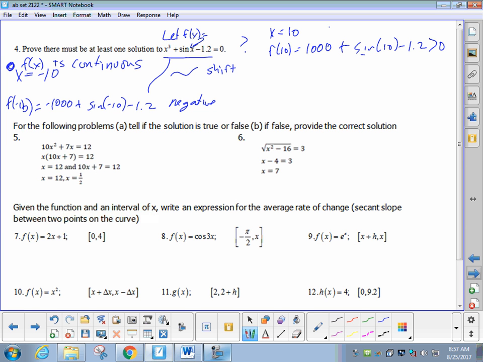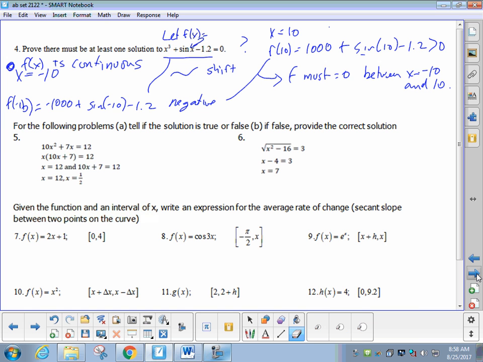All right, so if f is continuous and f goes from negative to positive, then can't I say, and sorry, my work's really poorly organized, but f must equal 0 at some x between x equals negative 10 and 10.